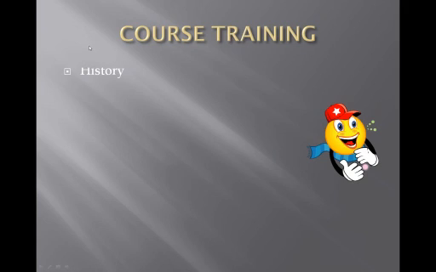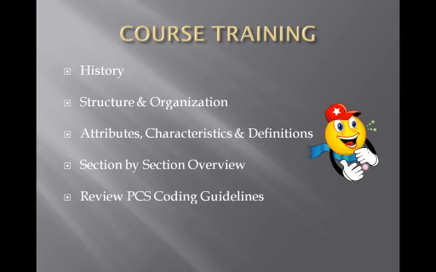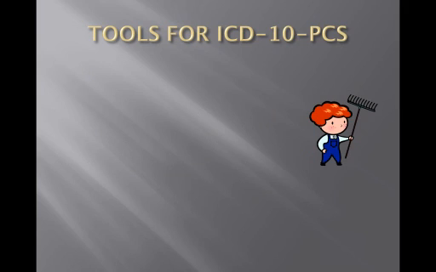In my course training, we will cover the history and structure and organization of ICD-10-PCS. We will learn the attributes and characteristics and definitions. We will do a section-by-section overview. We will review the PCS coding guidelines, and we will practice coding.